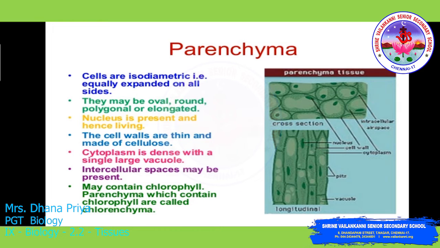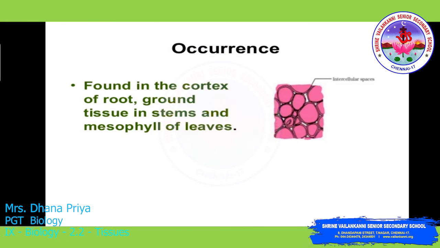So based on the presence of chlorophyll pigment in this parenchymatous tissue, the cell is called chlorenchyma. Here on the right hand side you can see the parenchyma tissue in cross section and longitudinal sectional view. It is found in the cortex of root, ground tissue in stem and mesophyll of leaves.